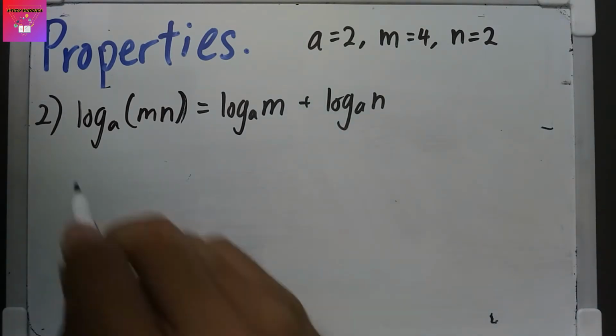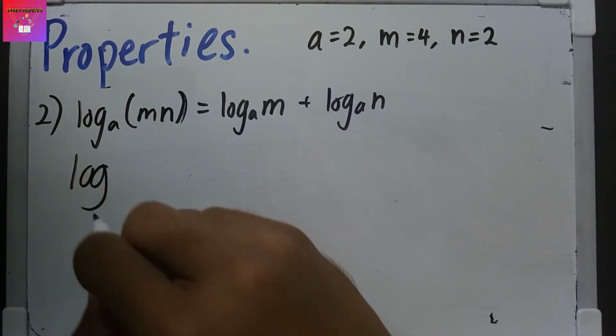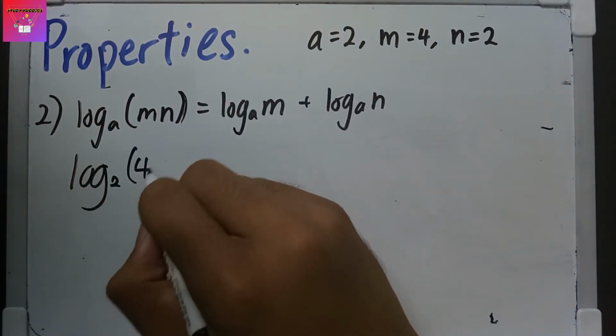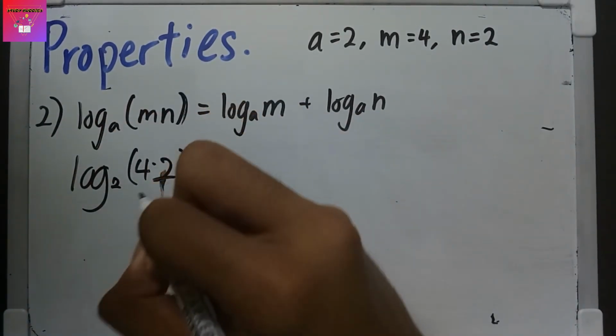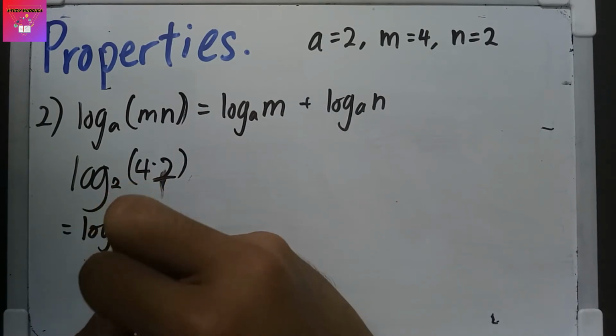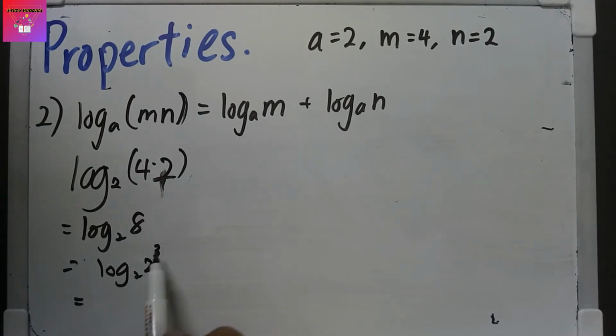So first I'll do this part. Just substituting the values, it becomes log base 2 of 4 times 2, which becomes log base 2 of 8. You can simplify this 8 into 2 to the power of 3, so it becomes log base 2 of 2 to the power of 3.